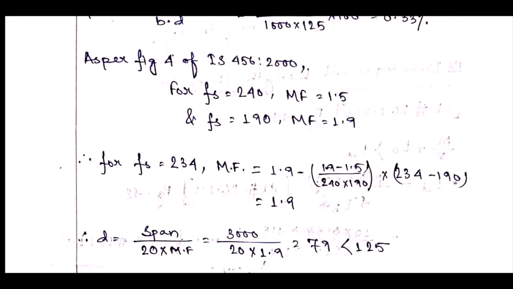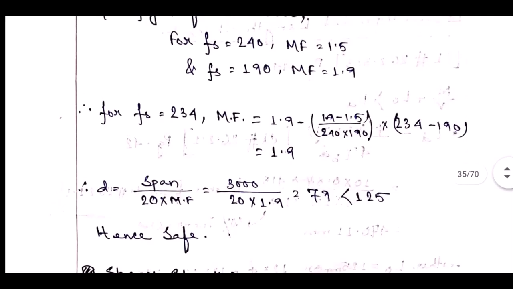So the basic value is 20 multiplied by the modification factor we found, that is 1.9. So this is equal to 75. So the required depth is 79 to resist deflection, but the value which we have already considered is greater than that, that is 125 mm. So this is safe in deflection.